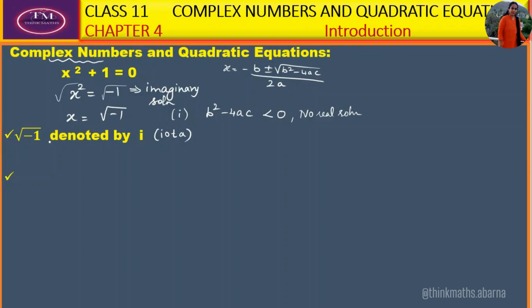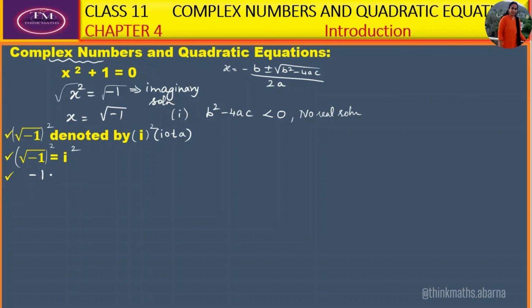Now if you take square on both sides, what will happen? We are denoting root minus 1 by i. So if I take square on both sides, the square root and power 2 get cancelled.